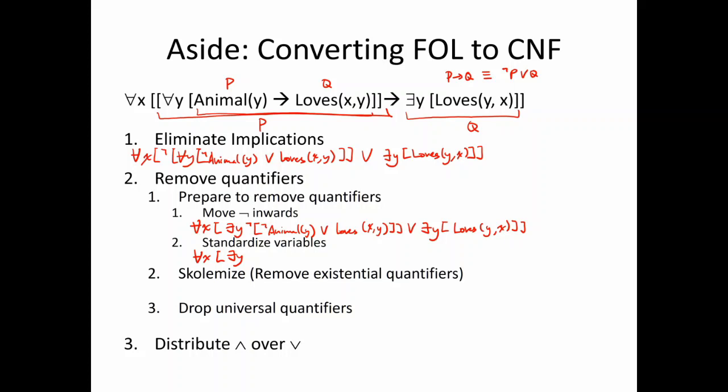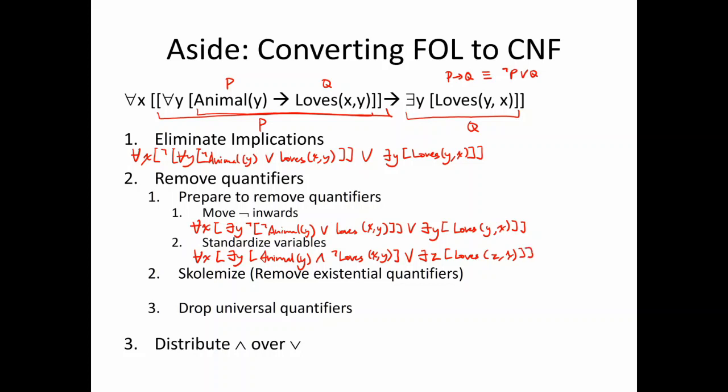So this becomes animal y and not loves xy, or there exists a z loves zx. Now we're ready to eliminate quantifiers.